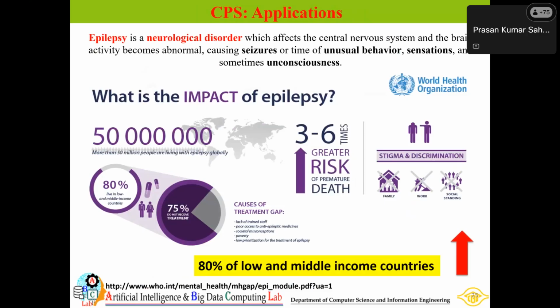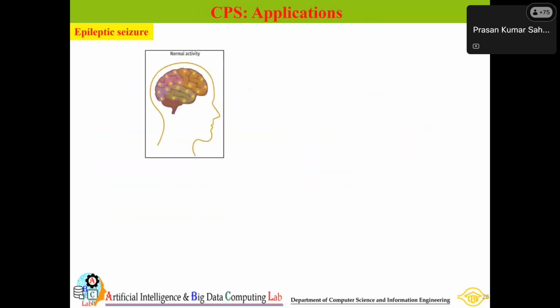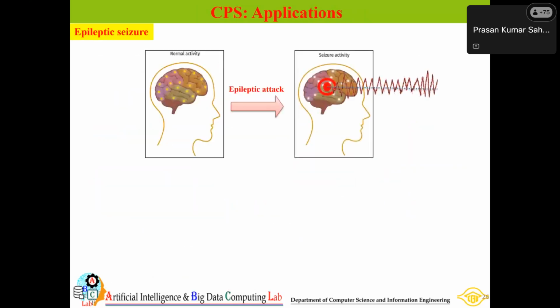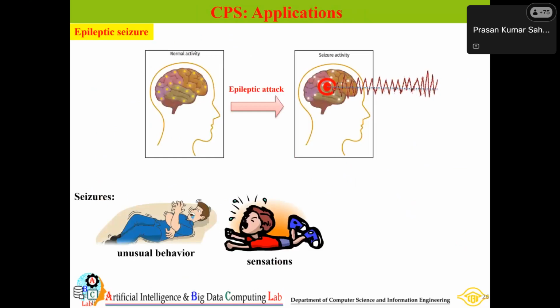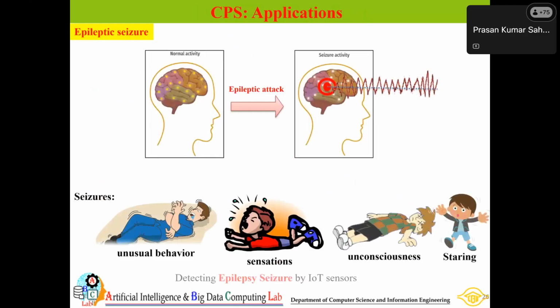Several million people are normally affected globally by epilepsy, and we can also use a cyber physical system to monitor this. So for epilepsy seizure, we can see here a normal activity, and when an epileptic attack occurs, it could be a seizure, unusual behavior, sensation, unconsciousness, or staring.